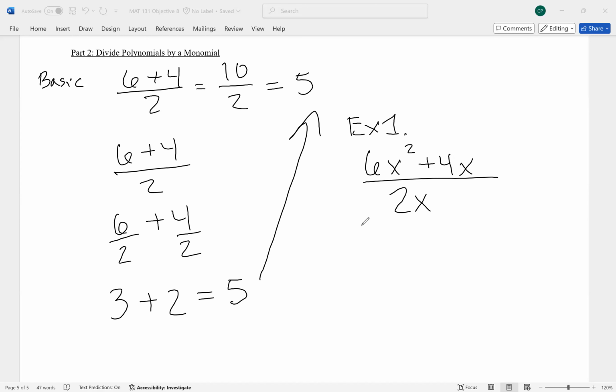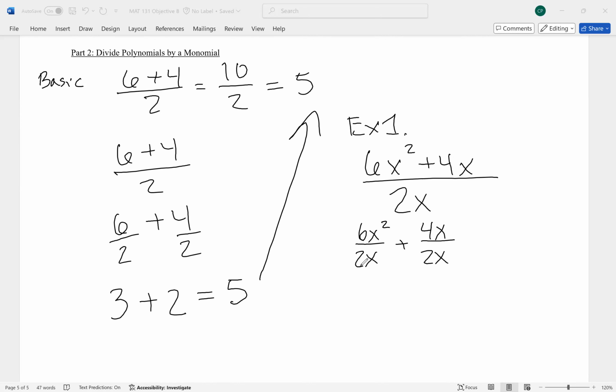So in this case, we need to break it up. We need to do 6x squared over 2x plus 4x over 2x. Okay. Now we can divide it using the rules that we talked about. Everything is going to go back to those rules.